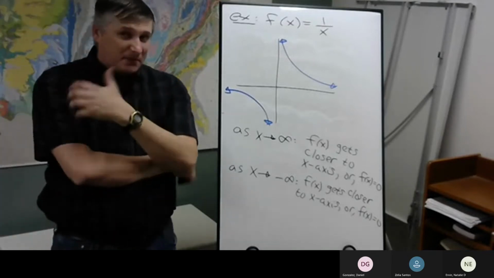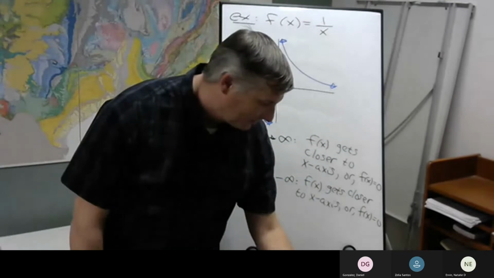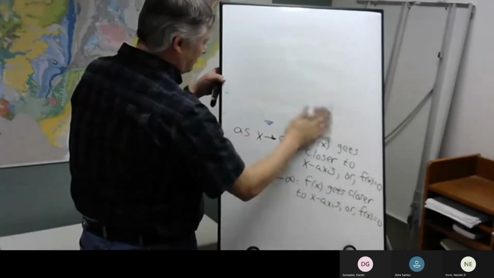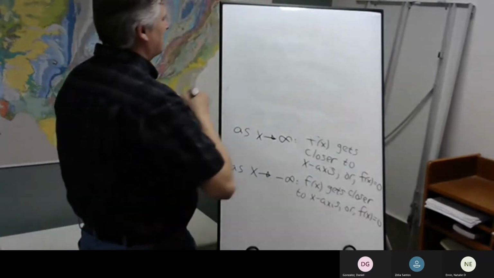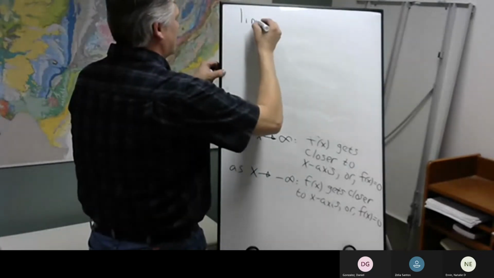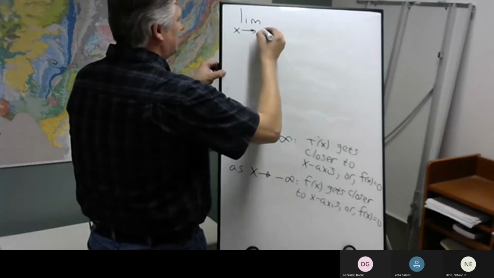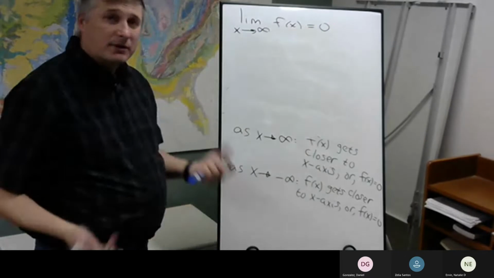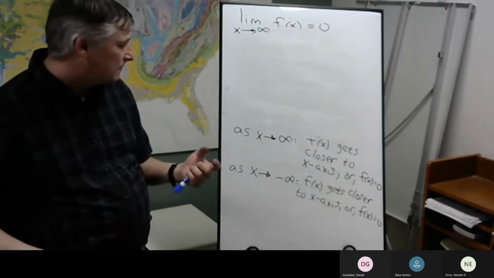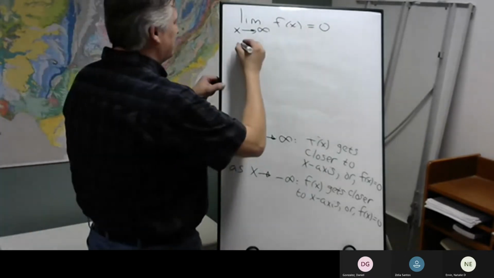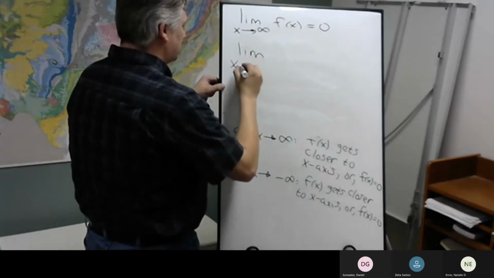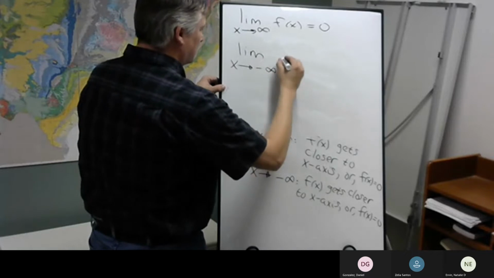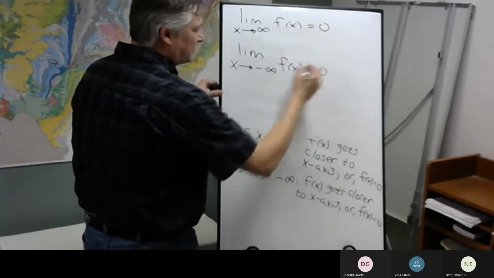So what this means is this. The limits as x goes to infinity of f of x, well, if we're going to positive infinity, it's 0. And if we're going to negative infinity, well, that's also 0.